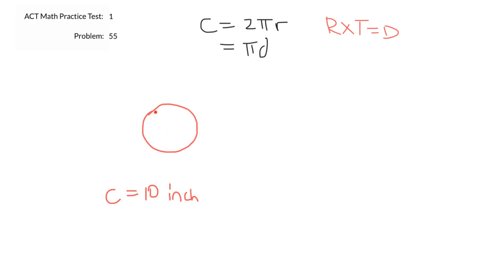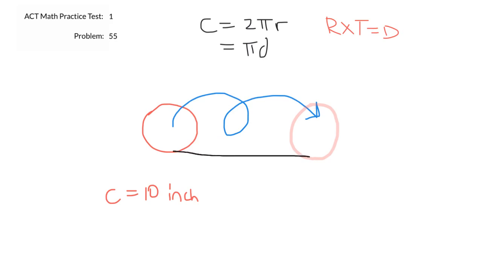Well, if you do a full revolution of the wheel and you end up here, and it's just a single revolution, well, you have just traveled 10 inches, okay? 10 inches.